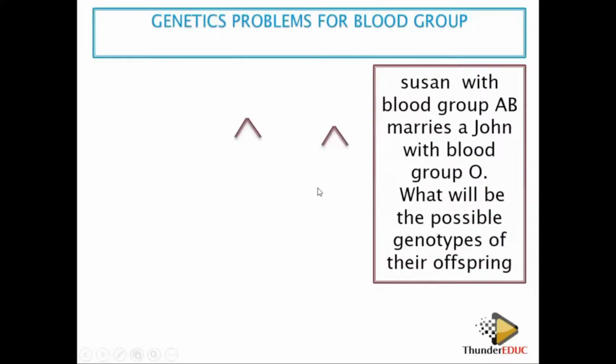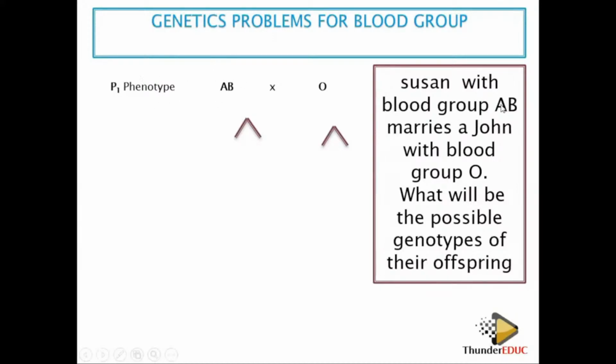Then let's look at it. In this case, you're supposed to find out what is the phenotype and what is the genotype. So now you write P1, F1. P1 means first parent, parent one, meaning the first generation.